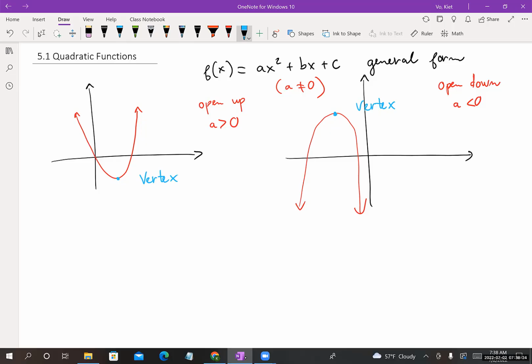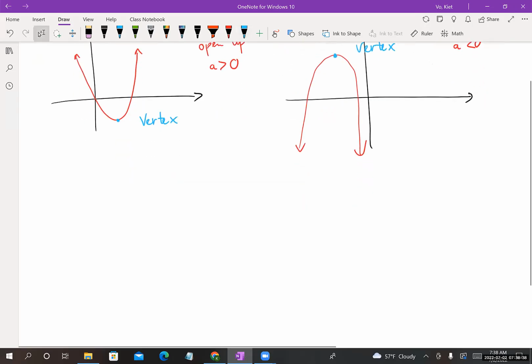Now for the vertex, we could actually figure out what the formula for the vertex is in this form. Let's see how you find the vertex.